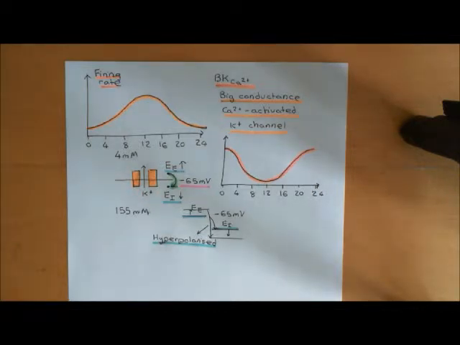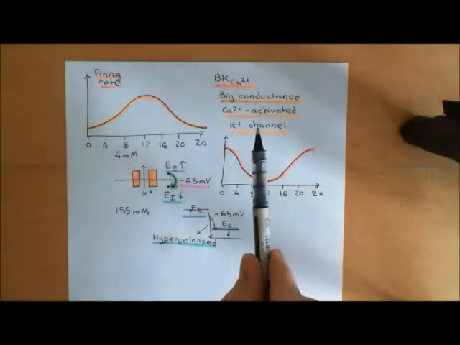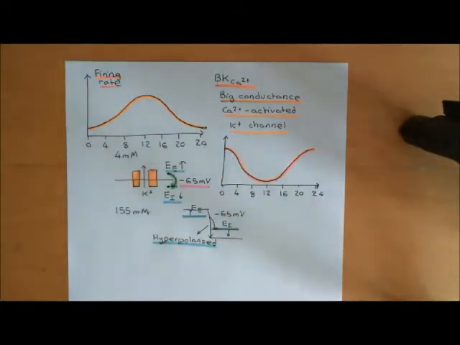So to summarize, because of the transcriptional translational feedback loop, because of our circadian clock, which we know changes gene expression within cells on a 24-hour basis, one of the genes being regulated on this 24-hour basis is the big conductance calcium-activated potassium channel subunits.